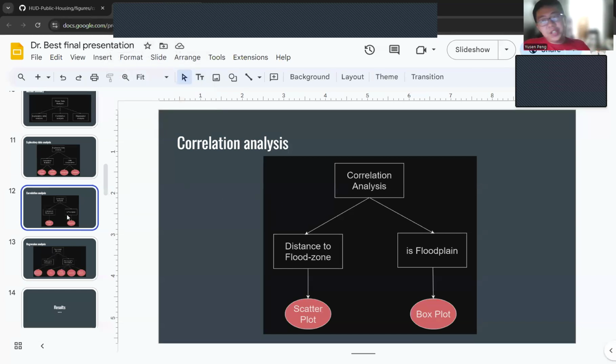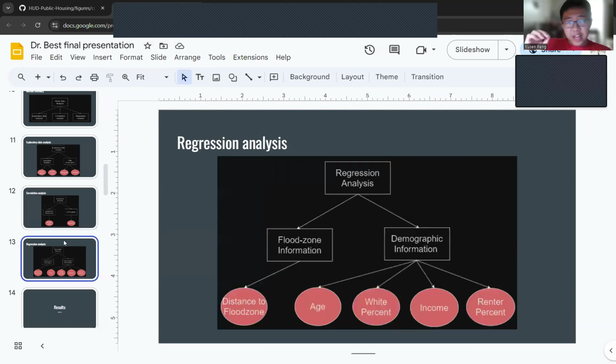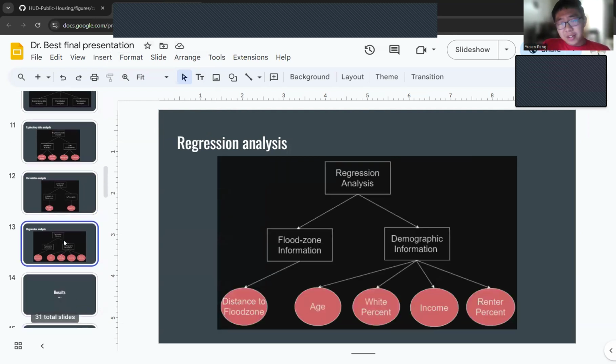So this is the correlation analysis from last semester. And the very last part of the analysis I did was the regression analysis. Regression analysis here is linear regression, a statistical model. It's not the best model for sure. I'm the CSE guy and I know a lot of machine learning models.